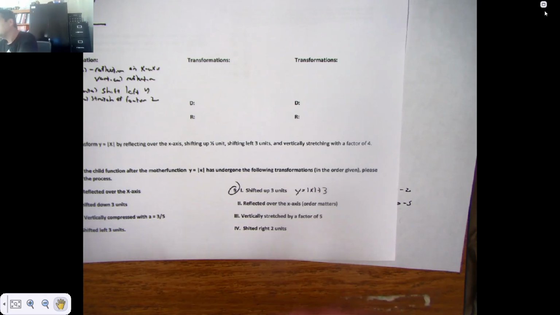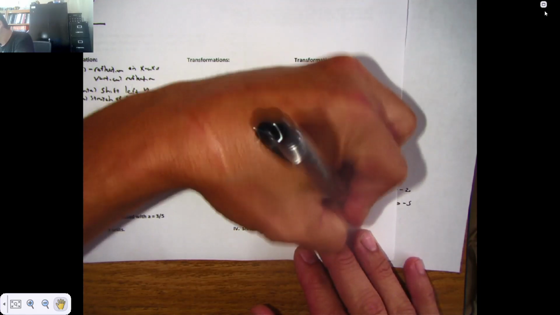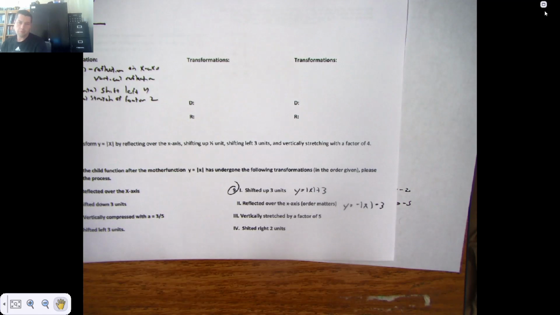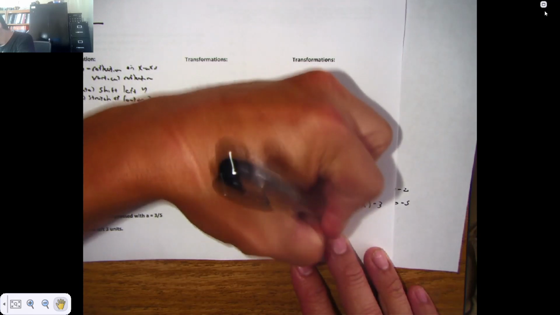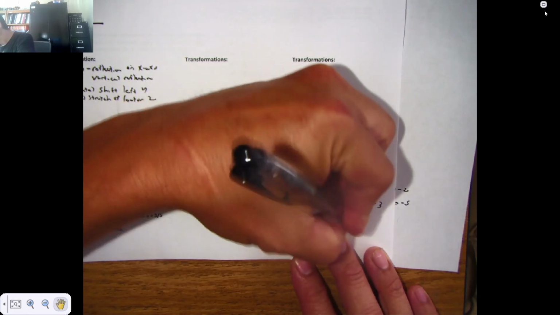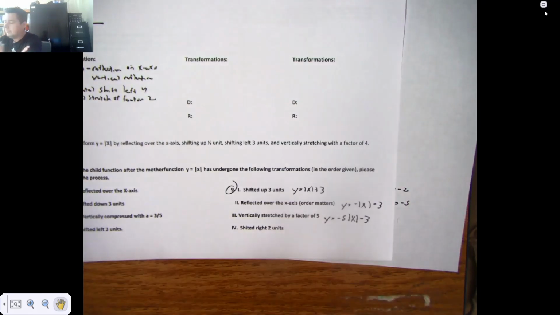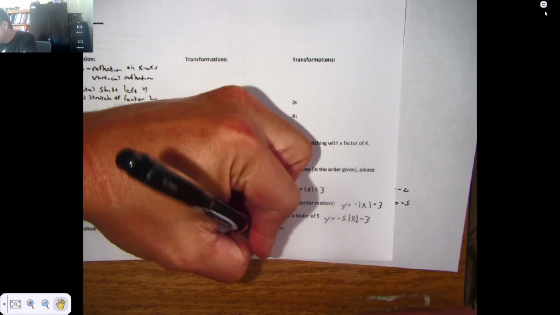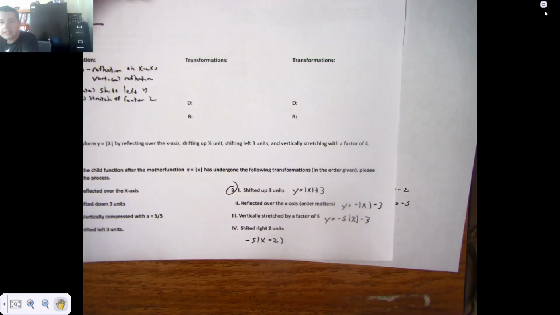That's kind of funny. Order does matter. Vertically stretching by a factor of 5, that's going to put a 5 in front of the absolute value. And shifting right 2 units, that's easy. We actually subtract 2 from inside with x.